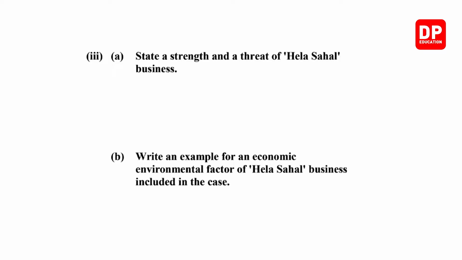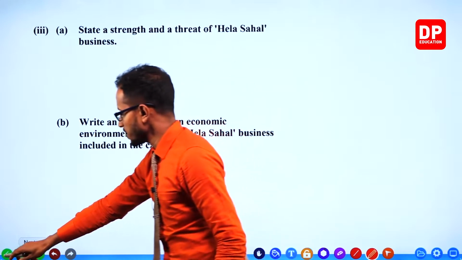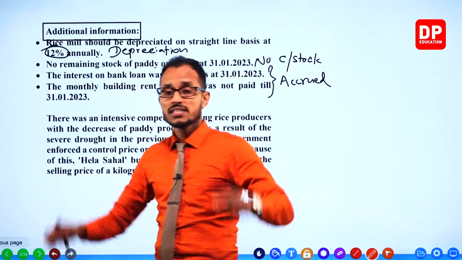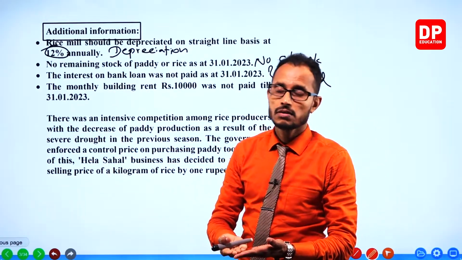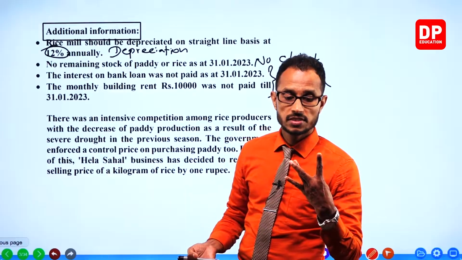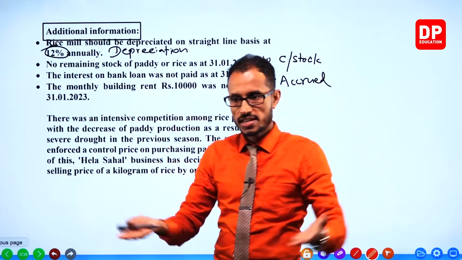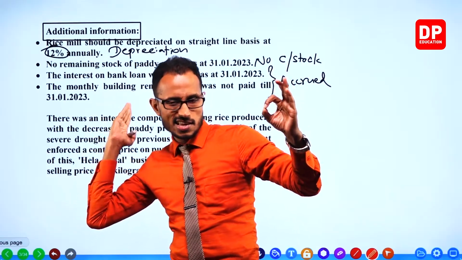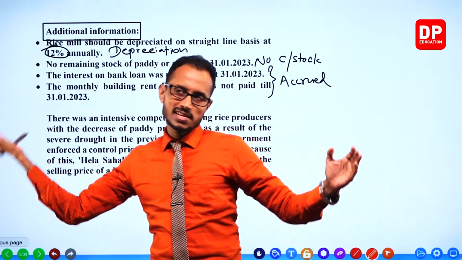State a strength and a threat of Hela Sahal business. I think we underlined strengths and weaknesses. Strengths and weaknesses are in the internal environment, but opportunities and threats are in the external environment, coming from the external environment.